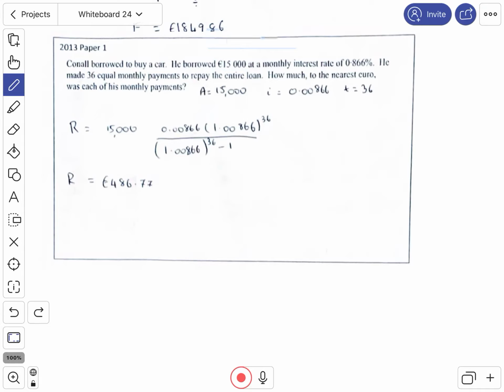So because they haven't said I have to use a geometric pattern, I can use the formula from above. My A value is going to be 15,000. My interest value is going to be 0.00866, and my time is 36 months. And I fill in my formula into the calculator.